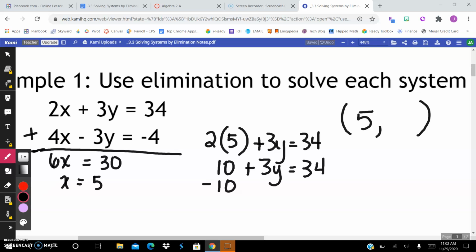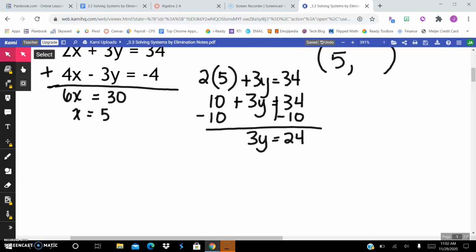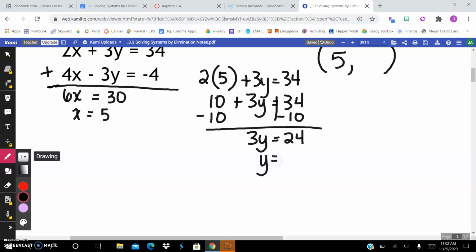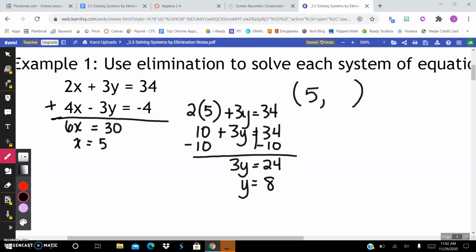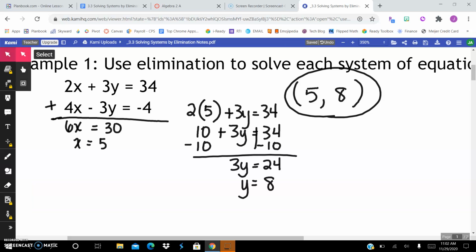Then I'm going to minus 10 from both sides, and I'm going to have 3y equals 24. And 3 times what is 24? Well, that's 8. So y equals 8. Write that in my ordered pair, and I have my answer. So this way might be a little bit faster than substitution depending on how it's set up.